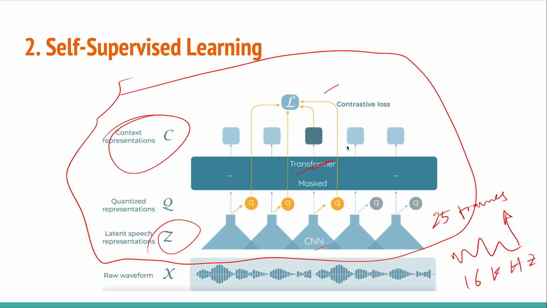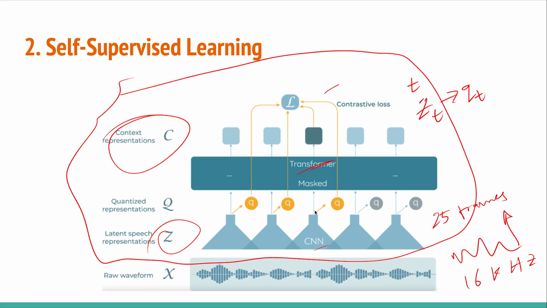And the way the model is trained is by using something called contrastive predictive coding loss, and the contrastive loss, basically what it says is, you can think of it in this way: let's say you are at time step t, and you can quantize the z vector here, zt, to something called qt, which is the quantized representation of zt.